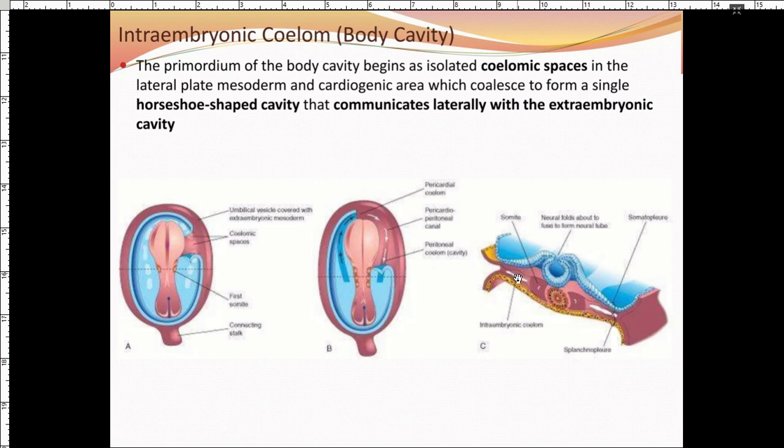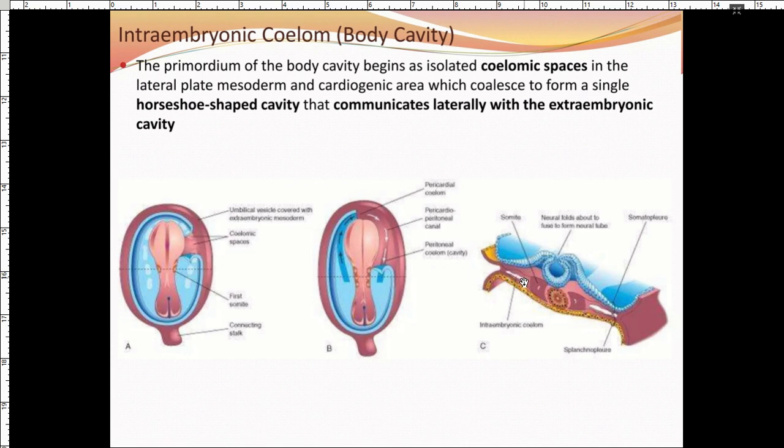in body cavity formation. So you're going to have formation of what you call coelomic spaces in the lateral plate mesoderm, splitting the lateral plate mesoderm sort of like into two, right? So you can now see these intra-embryonic coelom, or just intra-embryonic cavities.